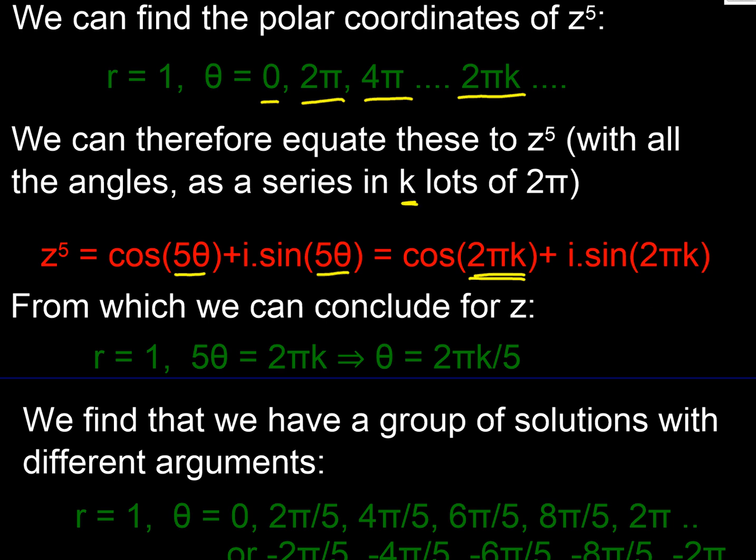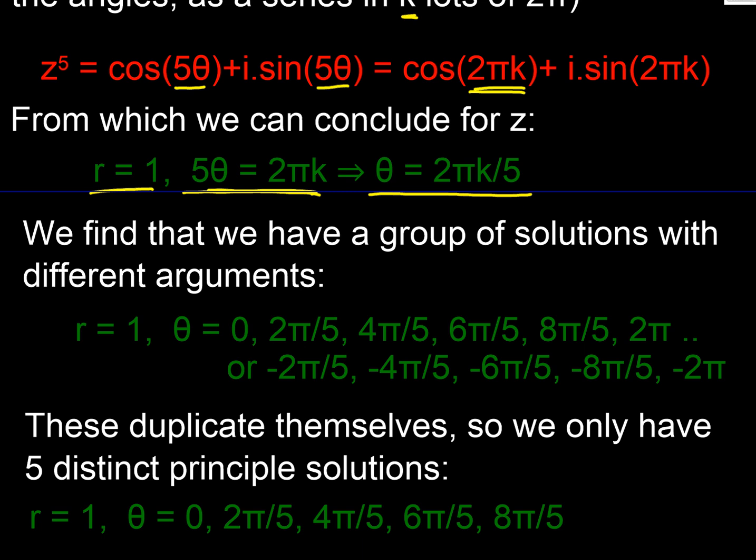Yeah. So if we make this equivalence, we should just quickly say r is 1 again, but 5 theta will equal 2 pi k, therefore theta will equal 2 pi k over 5, yeah? So here we have again multiple solutions.